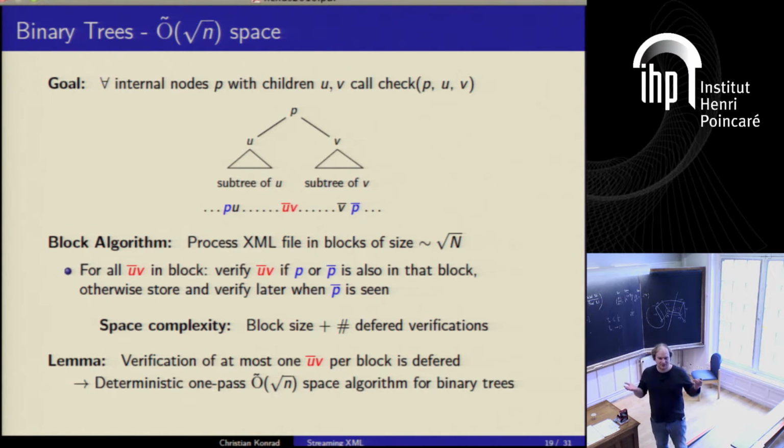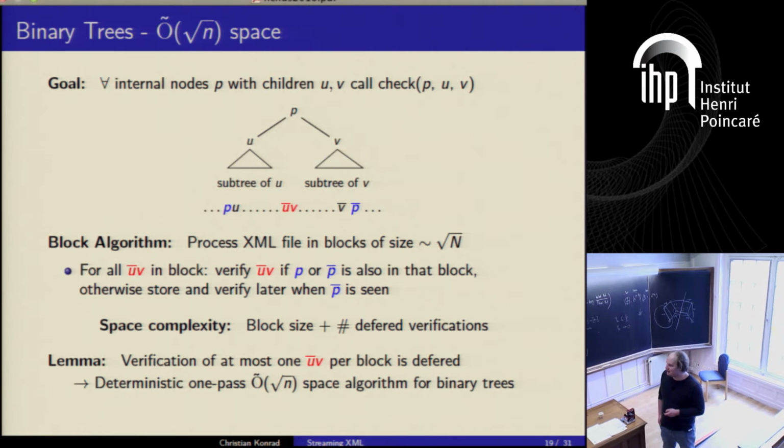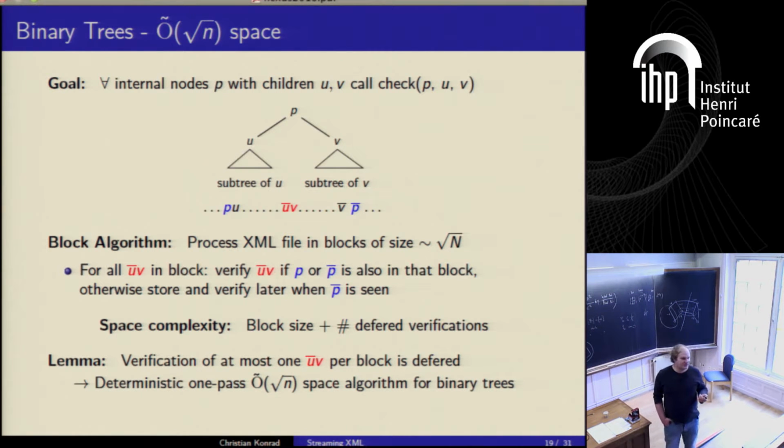If the parent node is in the stream, great, we can validate it. If it is not, we store this information of UV in the block, and we will later on see the P bar, the closing tag of the parent node. So we defer this verification until this P bar appears in the stream.